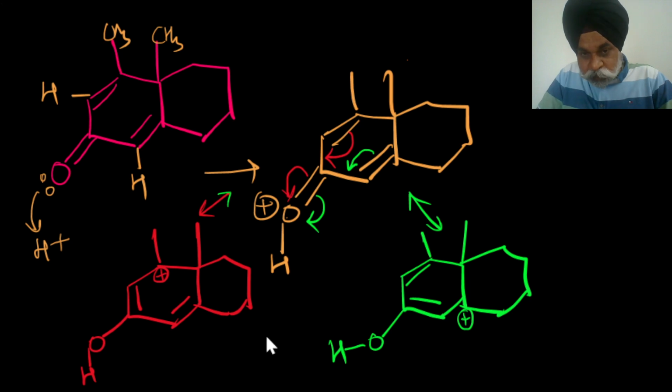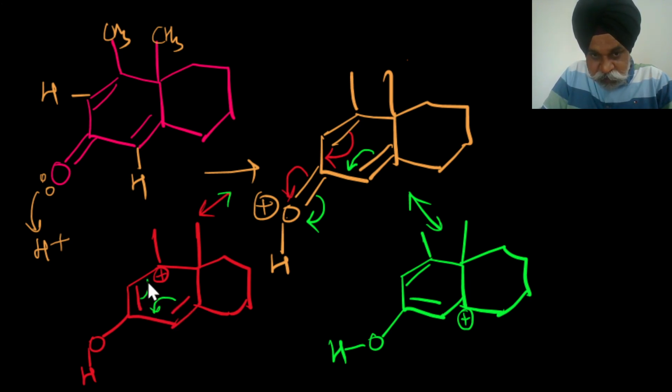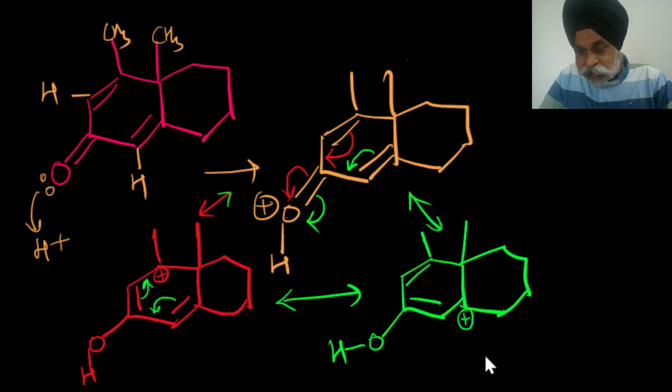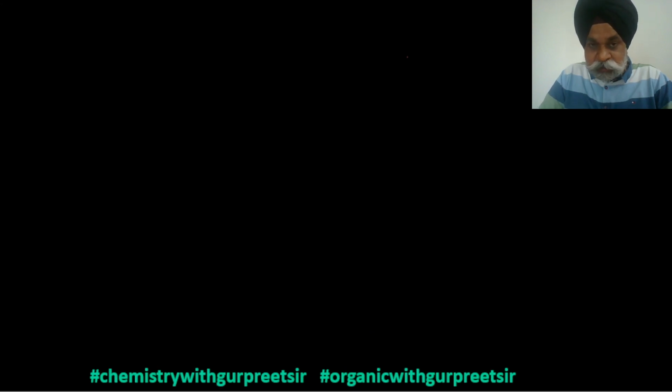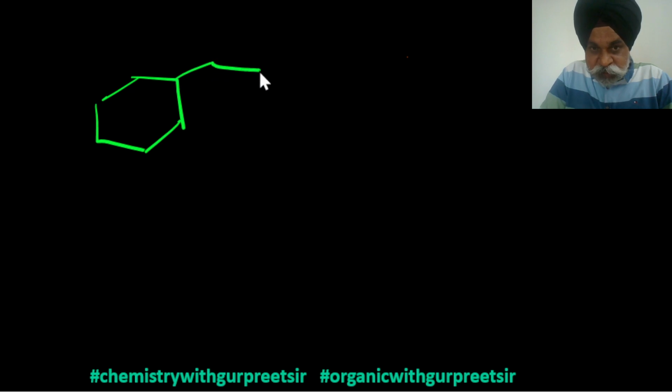So both of these are nothing but resonating structures. As a matter of fact, you can go here and go here, you get back the same thing. So these are nothing but resonating structures themselves. Am I right? Now the point here is that once you have achieved the structure, let me show you what problem we are stuck with. So you happen to receive this one.